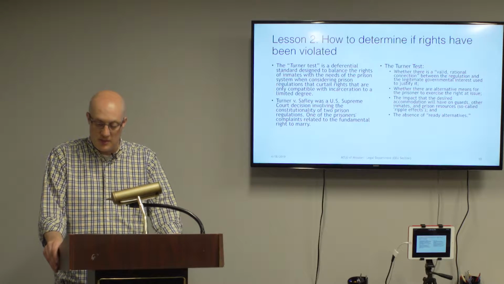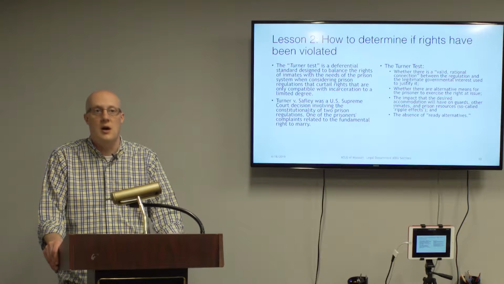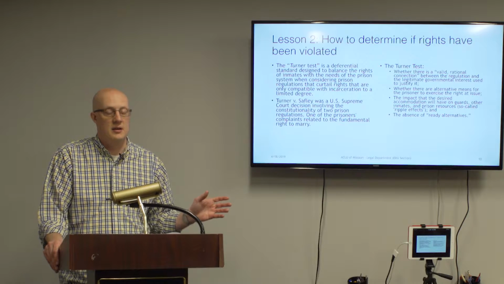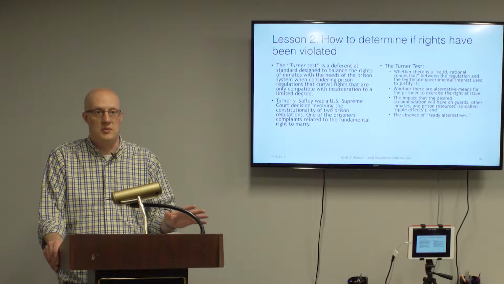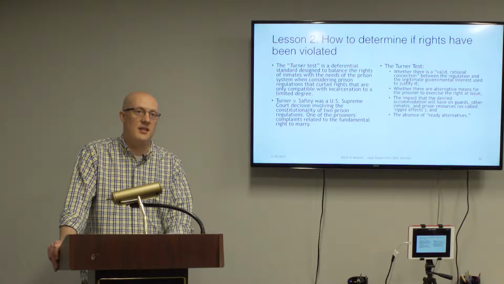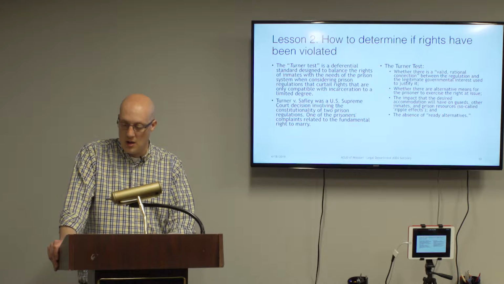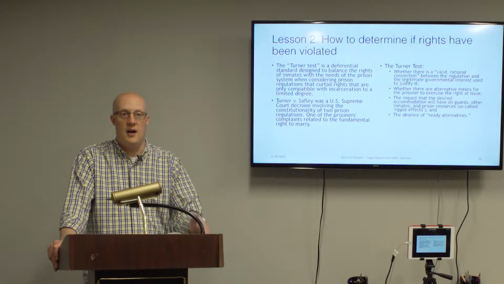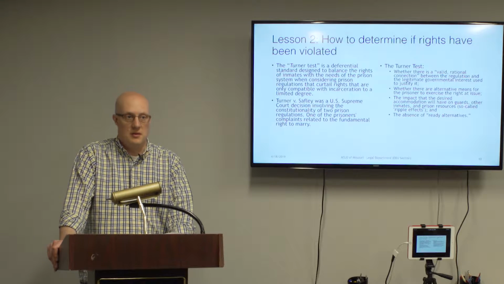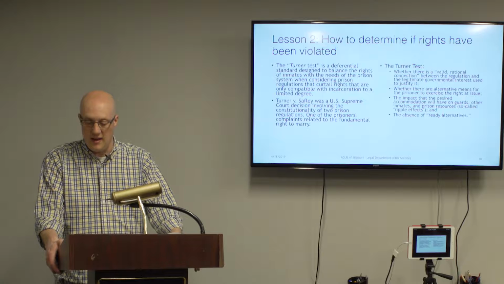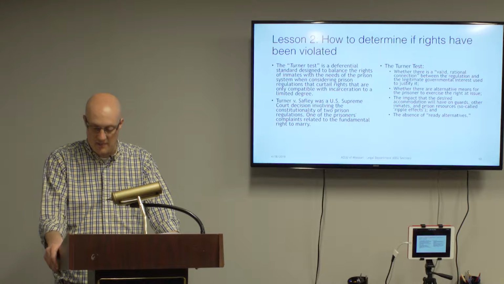The next condition is that the prison officials actually knew of or should have known. There are cases where a condition is so obvious that the officers cannot say that they did not know of any such injury. Any time somebody's bleeding, somebody's fainting, the idea that the prison officials knew of the injury is fairly obvious.